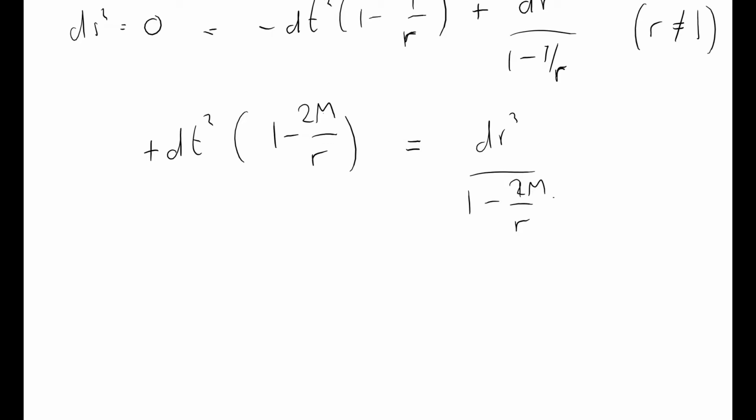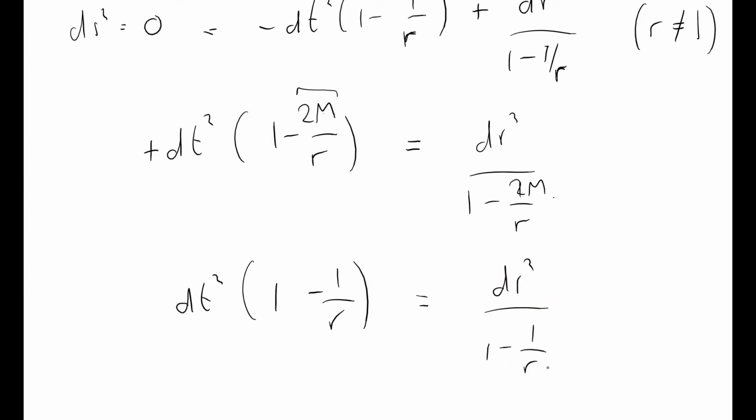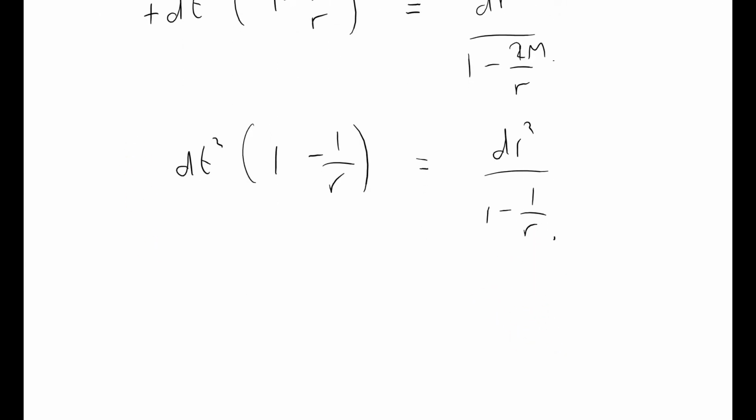It hurts to look at it. Look at that 2m, it's just sitting there. It's not doing anybody any good. Just choose units in which the Schwarzschild radius is equal to 1. Okay. That's okay, isn't it? r is not equal to 0, r is not equal to 1. But I'm not making any assumptions about r being greater than 1 here.